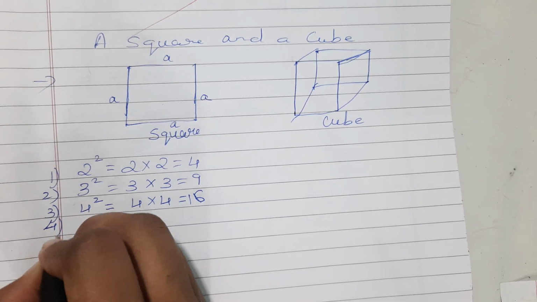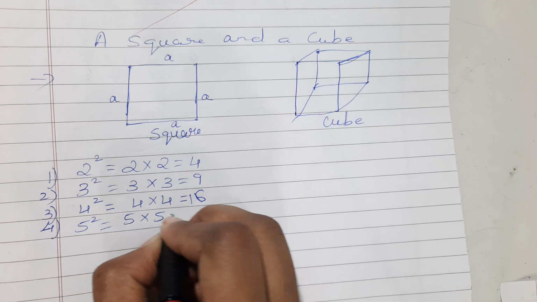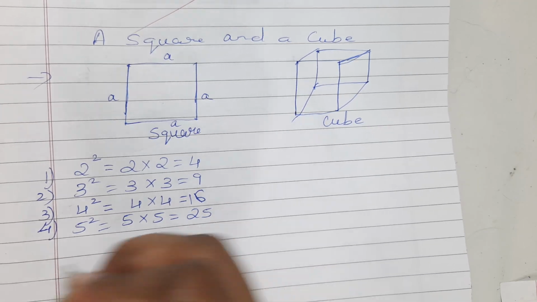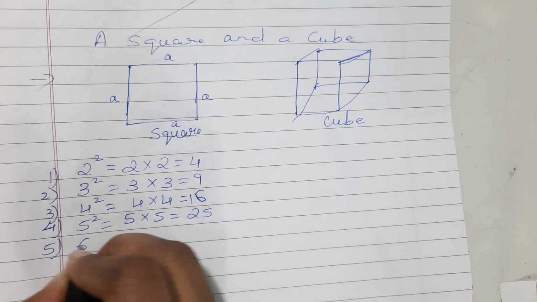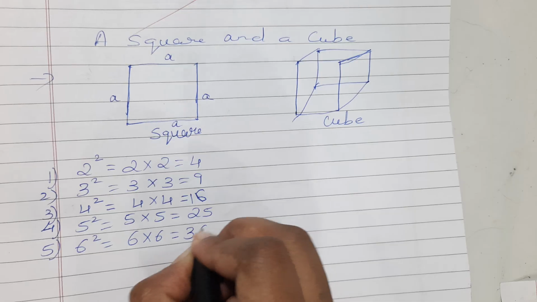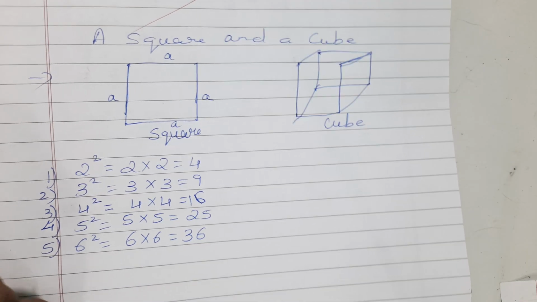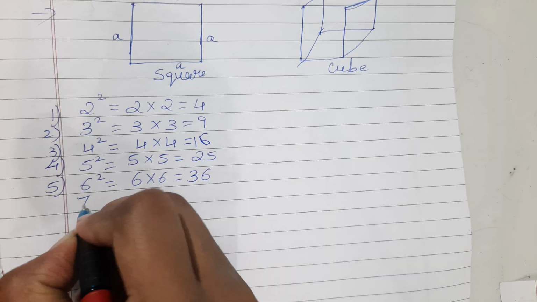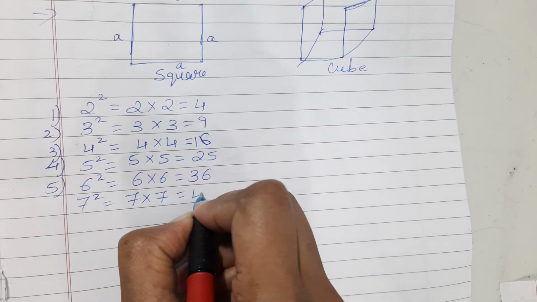Let me give you one more. 5 square is equal to 5 multiplied by 5, which is equal to 25. Next, 6 square is equal to 6 6s, your answer will be 36. Then 7 square is equal to 7 multiplied by 7, which is 49.